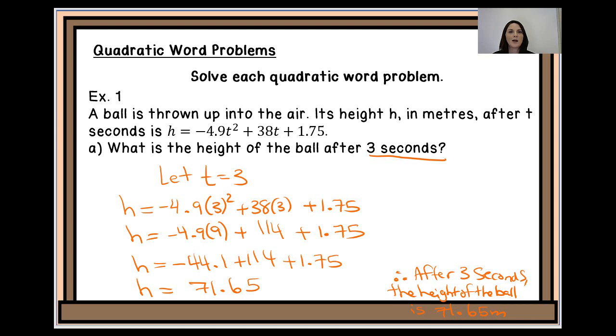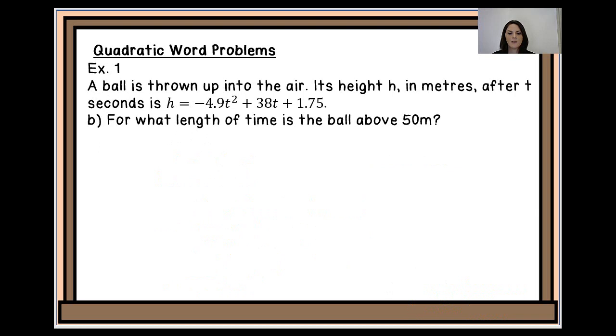Okay, let's go ahead and look at part B. Same question except for part B, this time asks for what length of time is the ball above 50 meters? So 50 meters is referring to the height.